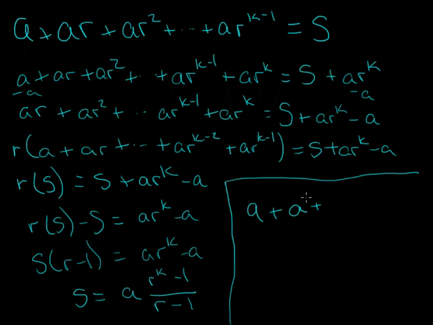The third term would be a times r squared. Well, r squared is still 1, so that'd be a. And so we see that this is a plus a plus a added to itself k times. The sum is a times k. You could also use the arithmetic series formula, since with a common ratio of 1, the sequence has a common difference d equals 0.